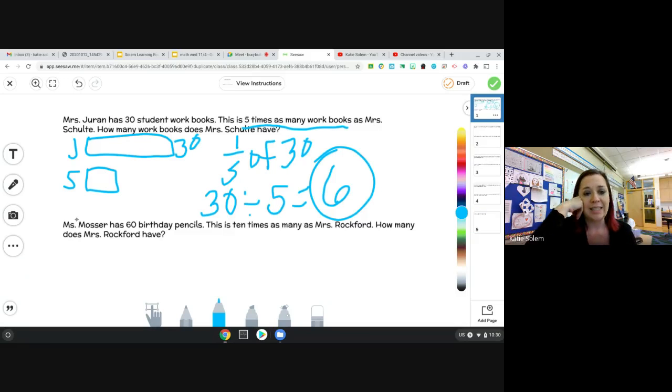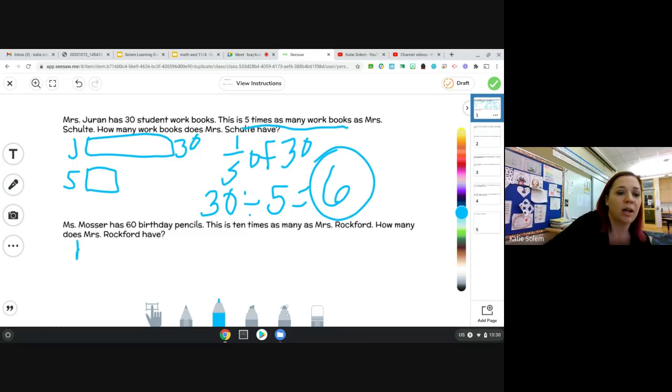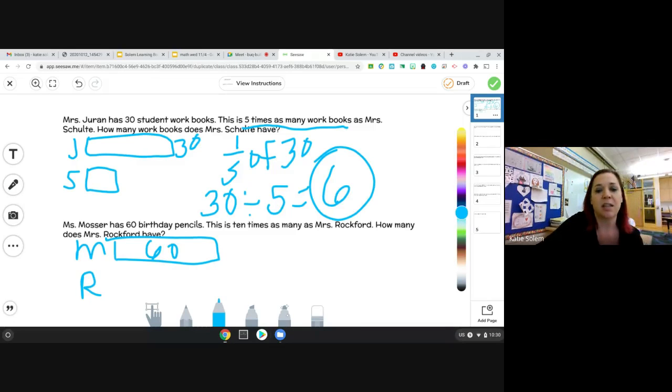Miss Moser has 60 birthday pencils. This is 10 times as many as Mrs. Rockford. How many does Mrs. Rockford have? Well, I'm going to put Moser and Rockford. Moser has 60. Now it says that this is 10 times as many as Mrs. Rockford. So Mrs. Rockford has less.